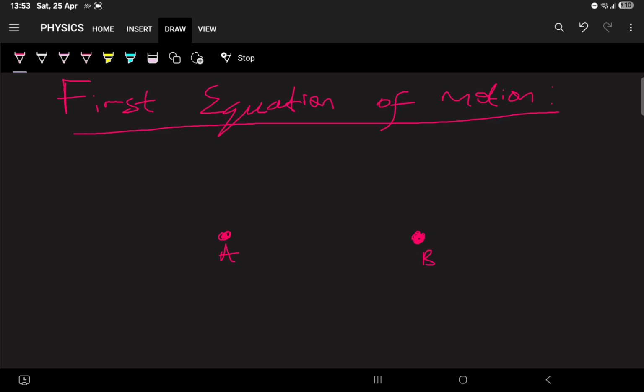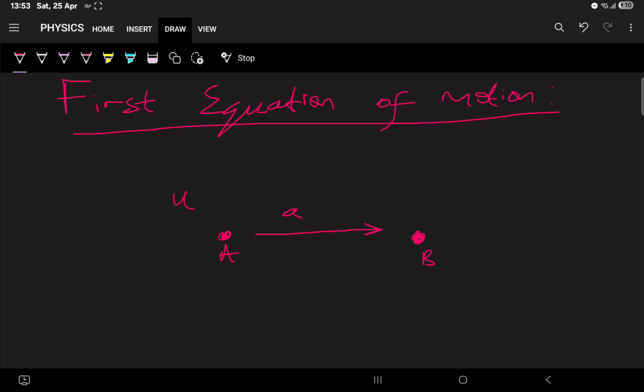Now let's take that initial velocity to be denoted by u, which is in meter per second, and it accelerates at an acceleration denoted by a, which is in meter per second square.